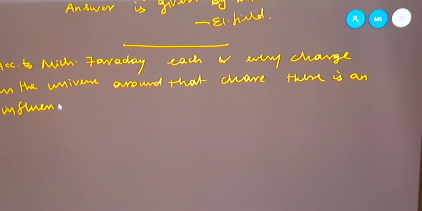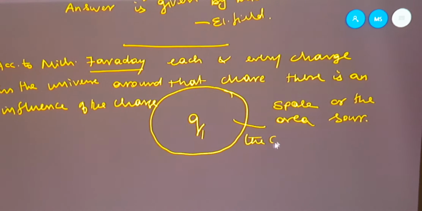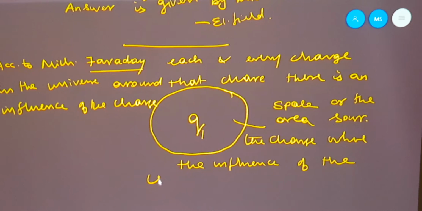When you consider a charge Q or Q1, the influence of the charge is available in the area or space surrounding it, where the influence of the charge can be felt.